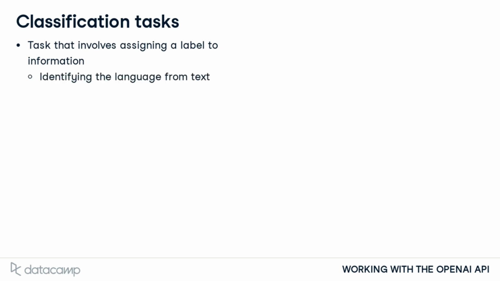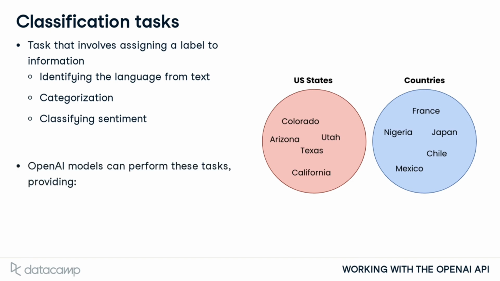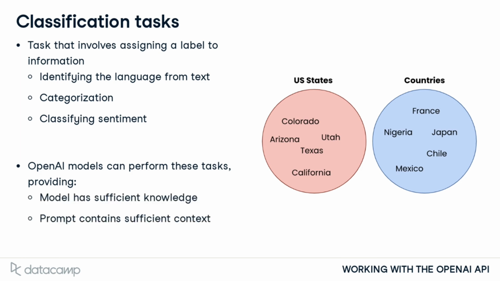This can be identification, such as identifying the language used in a piece of text, categorization, such as sorting geographical locations into countries and US states, or even classifying a statement's sentiment, that is, the emotions behind it. OpenAI's models can be used for all of these tasks, providing the model has sufficient knowledge of the subject area and that the prompt contains the necessary context.